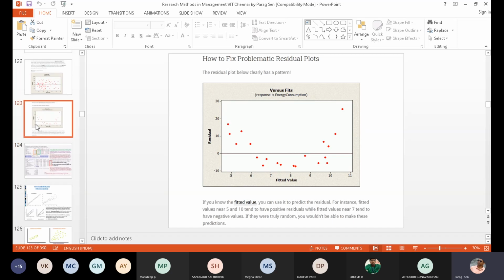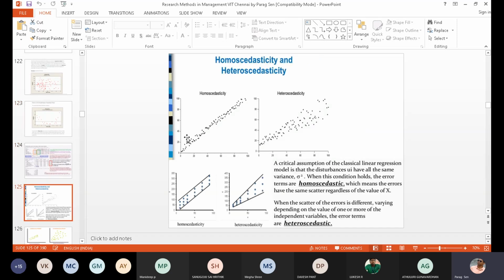We can take a look at this, and the idea will be clear. This property is known as homoscedasticity and heteroscedasticity. A critical assumption of the classical linear regression model is that the disturbances all have the same variance.